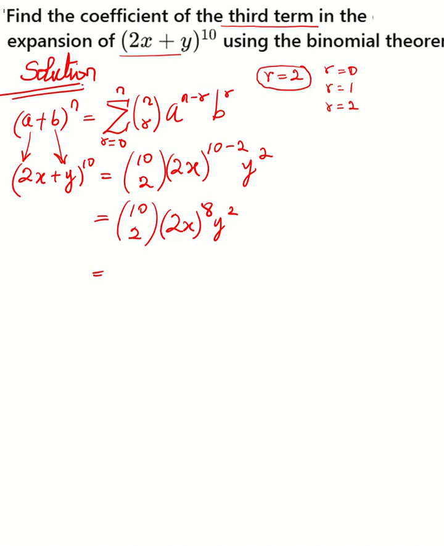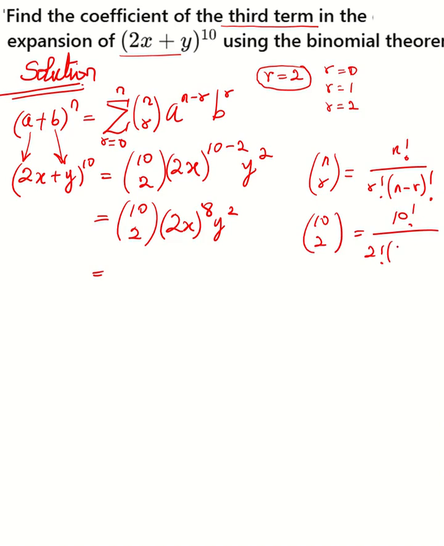All right. Now, what is 10 combination 2? You can actually evaluate this with your calculator. Or you can also use the formula n combination r, which is equal to n factorial over r factorial times n minus r factorial, which means 10 combination 2 is equal to 10 factorial over 2 factorial times 10 minus 2 factorial, which is 10 factorial over 2 factorial, 8 factorial.